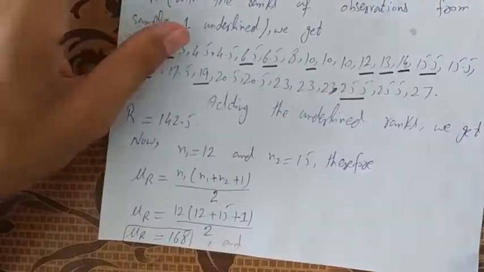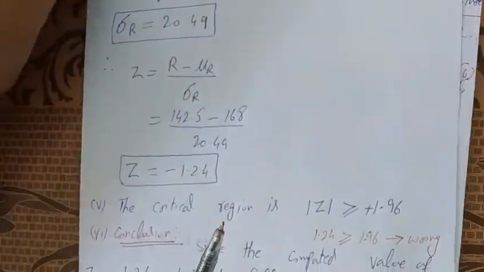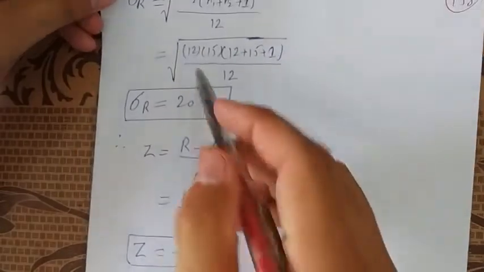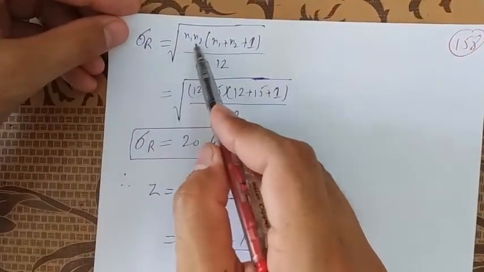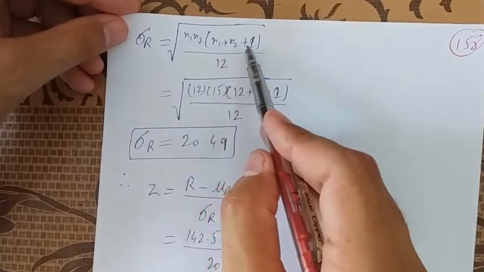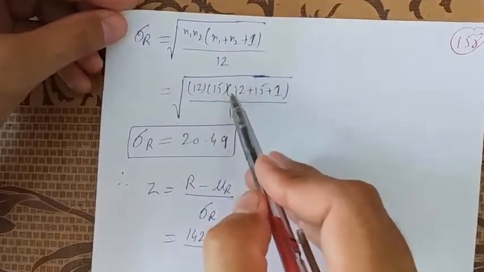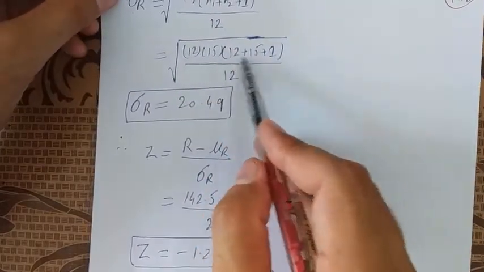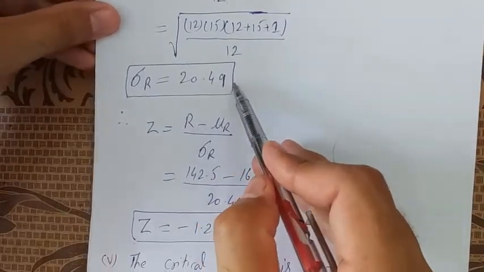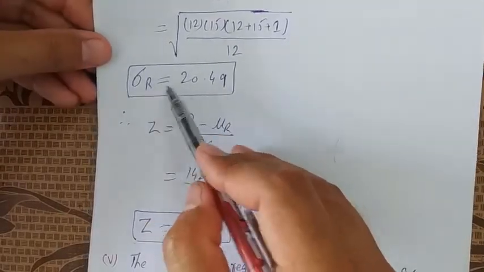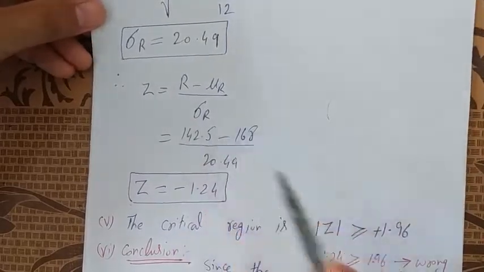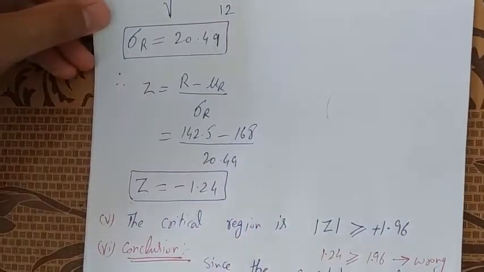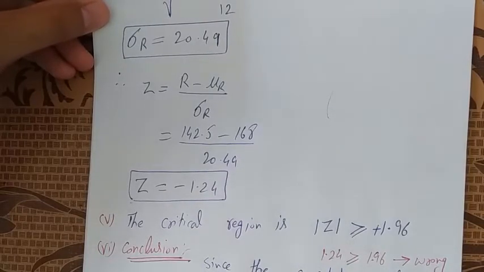Secondly, students, the second formula is for sigma R. Sigma R is equal to the square root of N1 N2 times (N1 plus N2 plus 1) divided by 12. Putting the values, our result is 20.49. This is sigma R. We use this test statistic because N1 is greater than 10 and N2 is greater than 10.